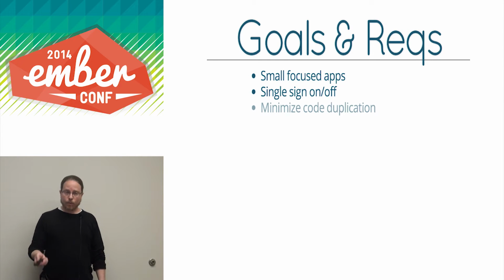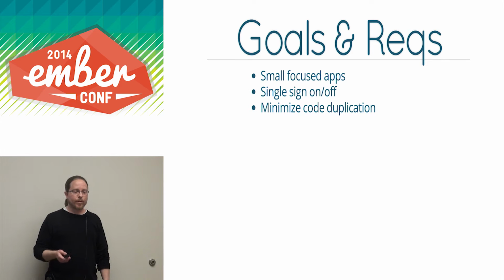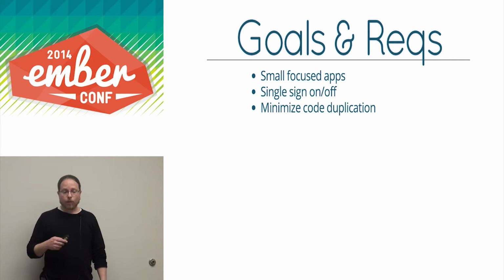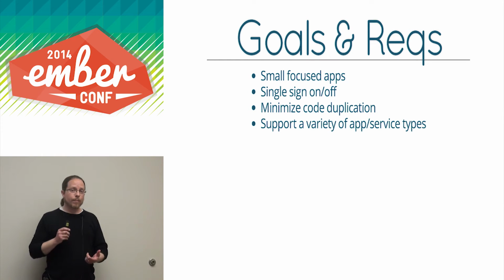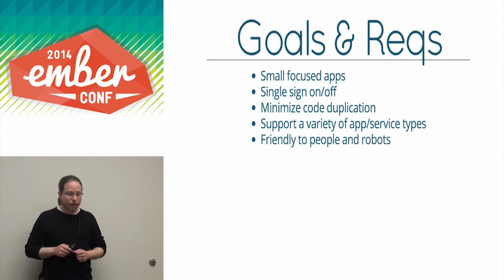In particular, I didn't want to have to build sign-in forms into each one of my Ember apps. I want to support a variety of apps and service types. I need some that are just vanilla Rails, and some that would be Ember apps, and some that are a kind of mashup of a Rails app with Ember on top of it. And I want it to be friendly to people and robots.